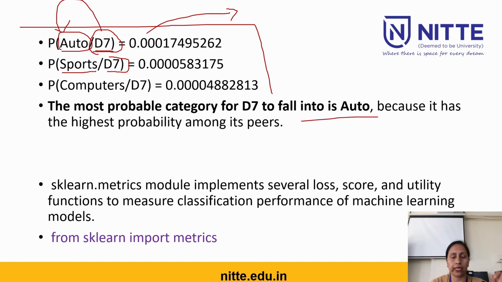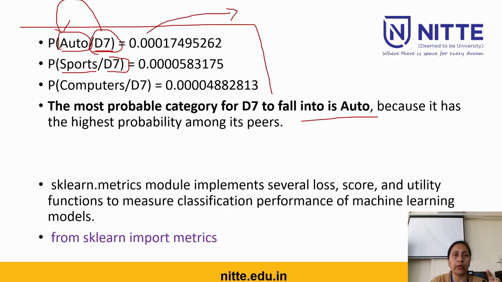So that is what we have done here. Finally, D7, a new text document, has been assigned one of three labels: auto, sports, and computers. That was the positive and negative I told you about initially, assigning positive and negative sentiments to any text document.